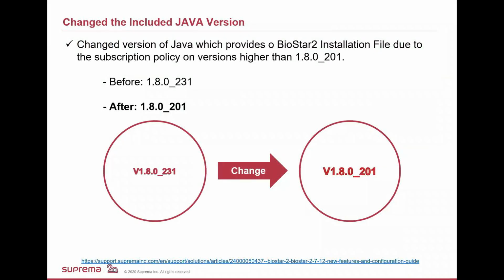The last feature improvement in version 2.7.12 is the Java version change. I think some of you know that the latest Java version is paid. Suprema changed the Java version to 1.8.0_201 due to the subscription policy on higher Java versions.